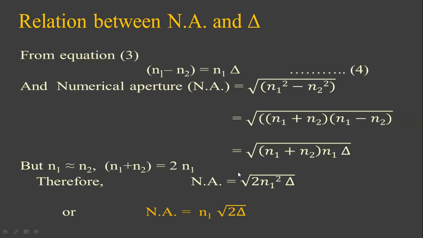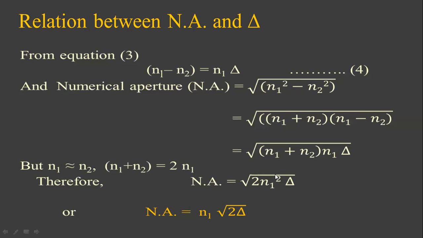So the numerical aperture is equal to root of 2N1 into N1 into delta, which becomes 2N1 square into delta. Therefore, numerical aperture is equal to N1 into root of 2 delta.